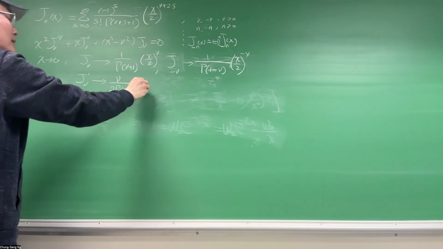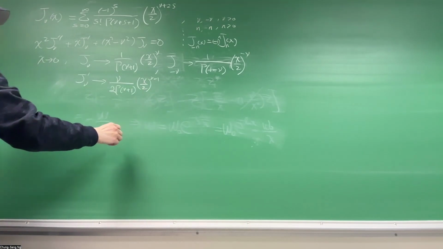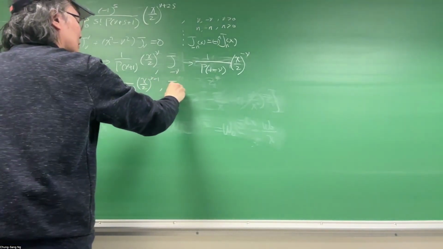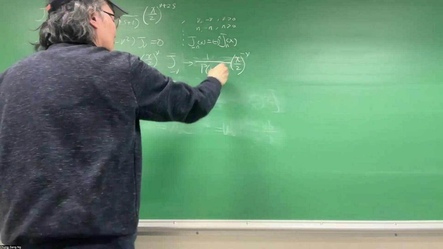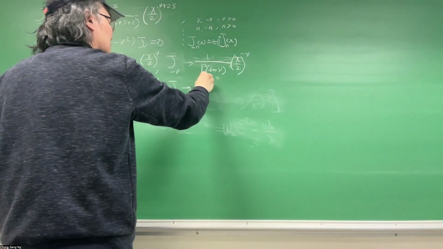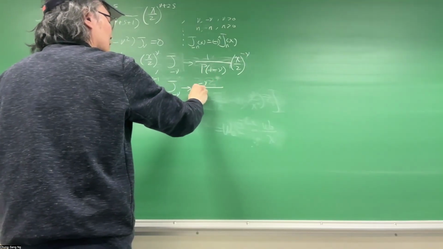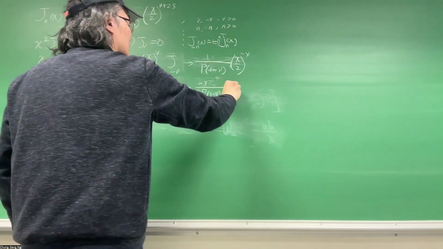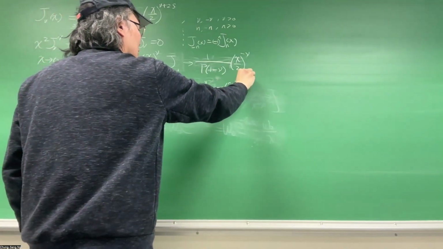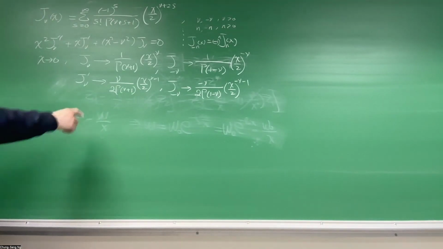Plus 1, x over 2 to the nu minus 1, right? And J minus nu prime will give you minus nu, and then a factor of 1/2, gamma of 1 minus nu, x over 2 to the minus nu minus 1, right? So now we have everything.